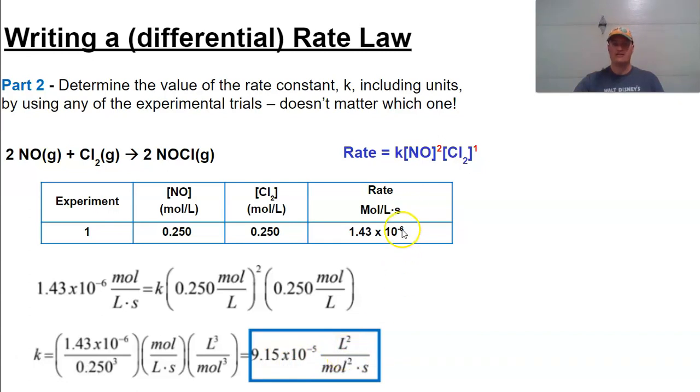Keep in mind your rate is always going to be moles per liter per second, molarity per second. So we need units that cancel out with what we already have in order to get our final units.